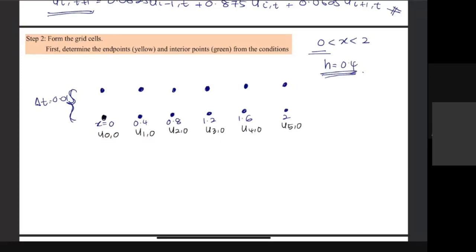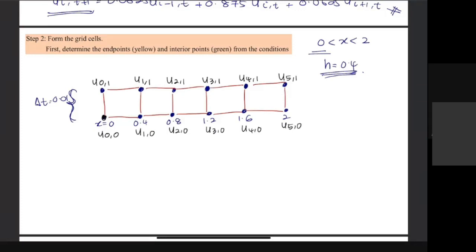Next, determine the next level, which is here U01. Here is U11, U21, U31, U41, U51. Okay, you can see here, here is 0, 0. So at the next level, 0 is the same and 0 becomes 1. Same with this point, 1, 1, 0 becomes 1.